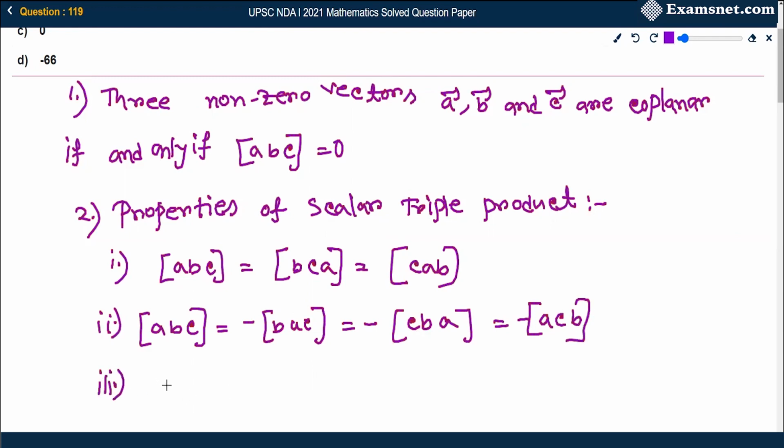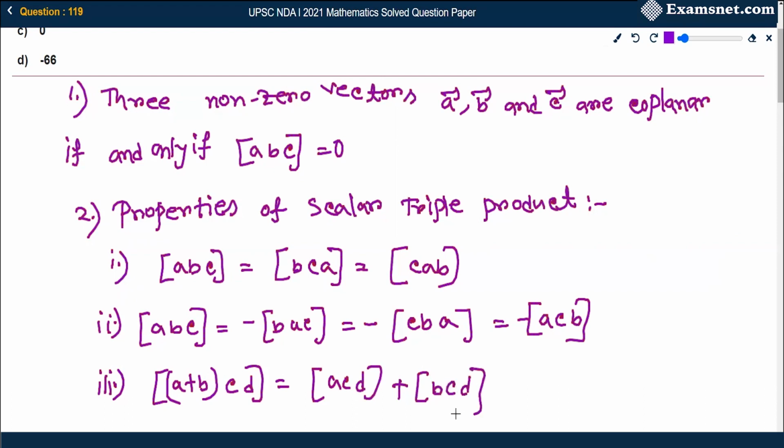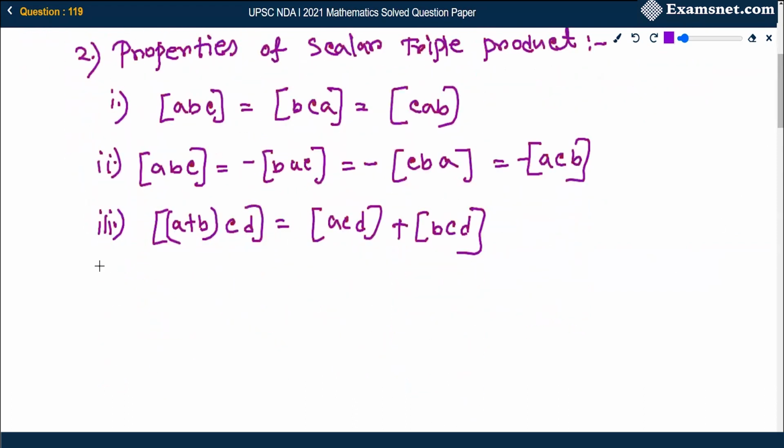Another one is, let's say, [A plus B, C, D], that means [A C D] plus [B C D]. Also [lambda A, B, C], so we can take lambda common: lambda [A B C].